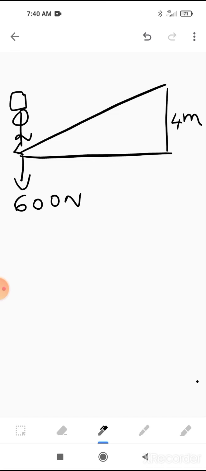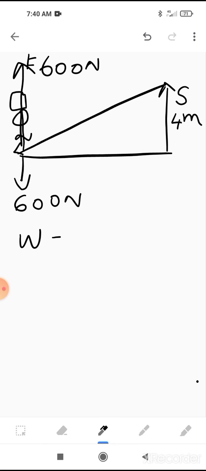So if this man has to climb the stairs, he has to exert an upward force equal to the weight of 600 Newton. So this is the force that he has to exert, 600 Newton, and the displacement in the direction of force is 4 meter.